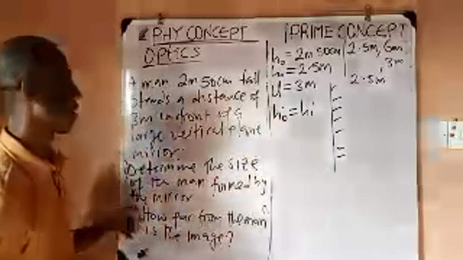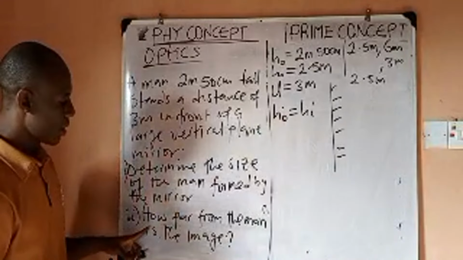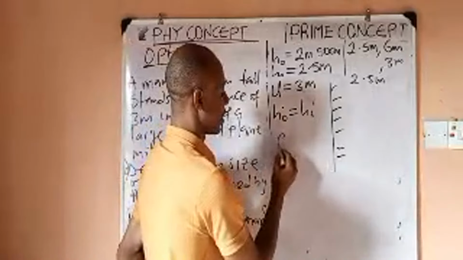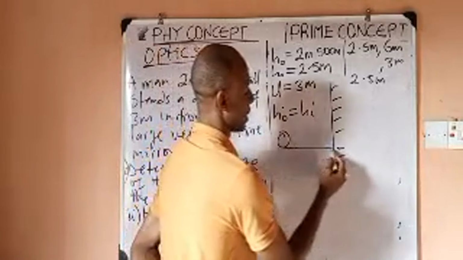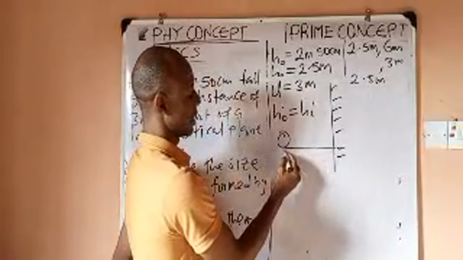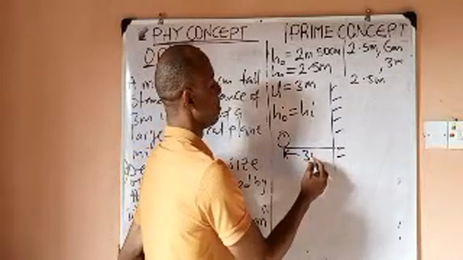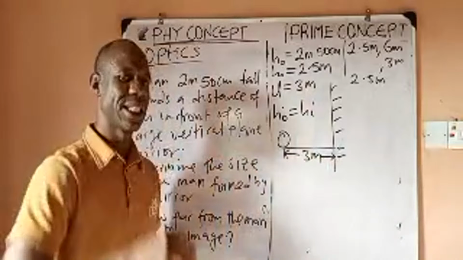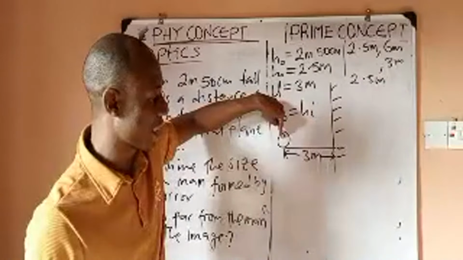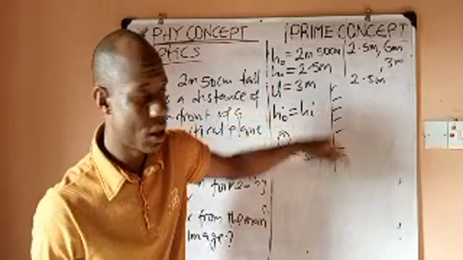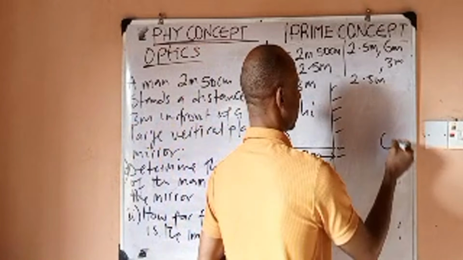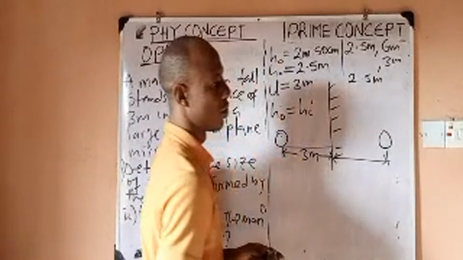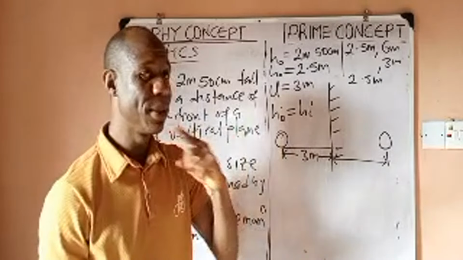Now the second part of the question says, how far from the man is the image? Now watch, this is our young man, and this young man, which is the object, is a distance of 3 meters from the mirror. Remember, object distance is the distance of the object from the mirror. Now, the image of this man is formed somewhere around there. So it means, from what we know for plane mirrors, object distance and image distance are the same.